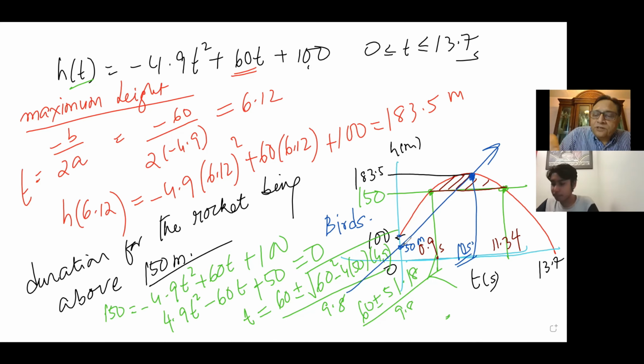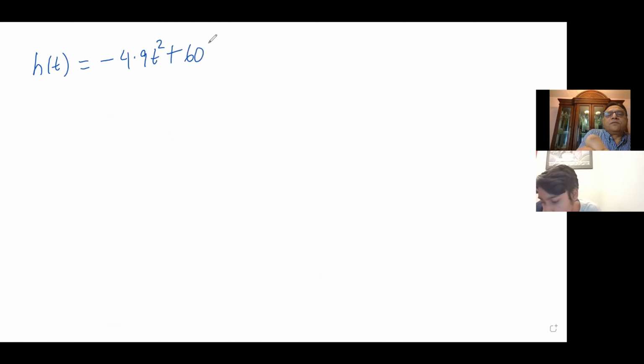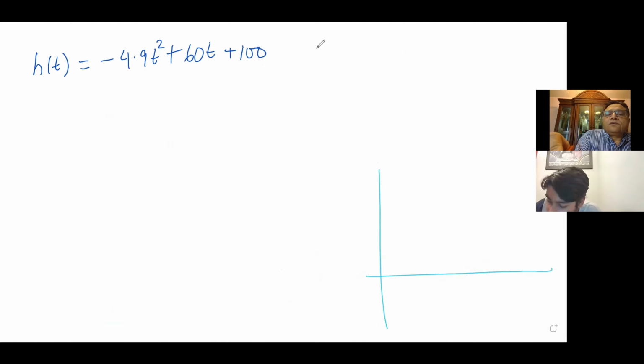So let's take this project further. Let me clear this. So we have this height of the rocket given by the formula minus 4.9 t squared plus 60t plus 100, since we are launching the rocket from that height of 100 meters.